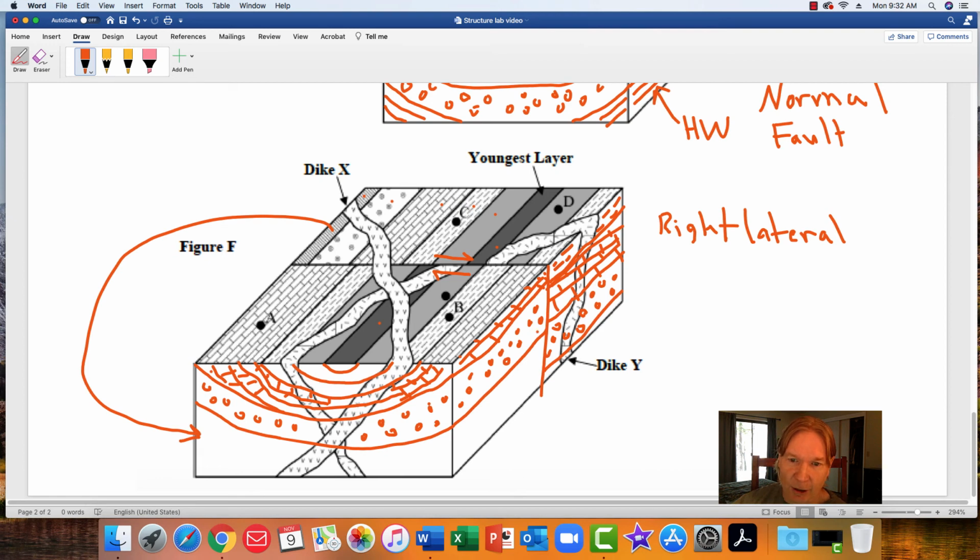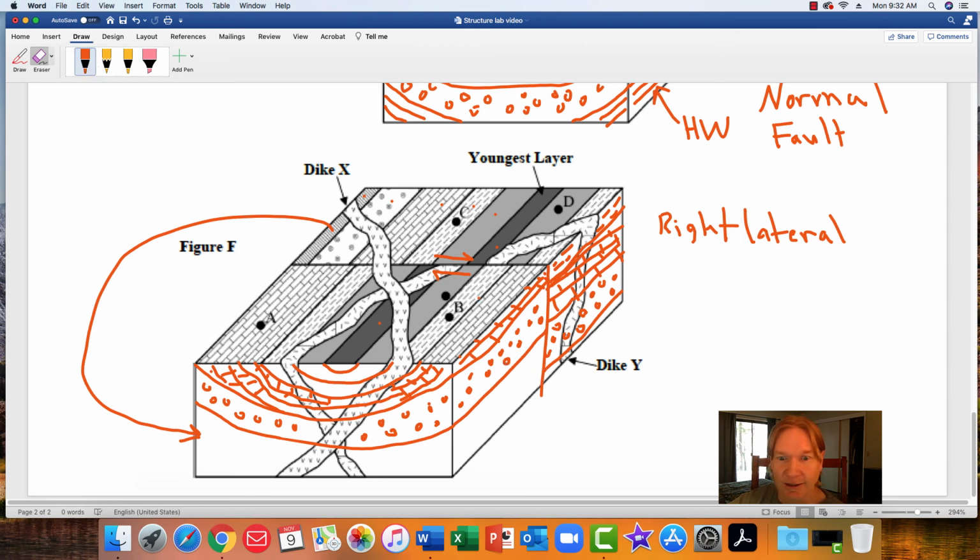All right, so we have a right lateral fault that makes an apparent dip slip motion on the side here. It looks like, because this would be what we would call the hanging wall, and this would be the foot wall, if this is really dipping down in this direction towards the front of the diagram. But it's really not a dip slip fault at all.